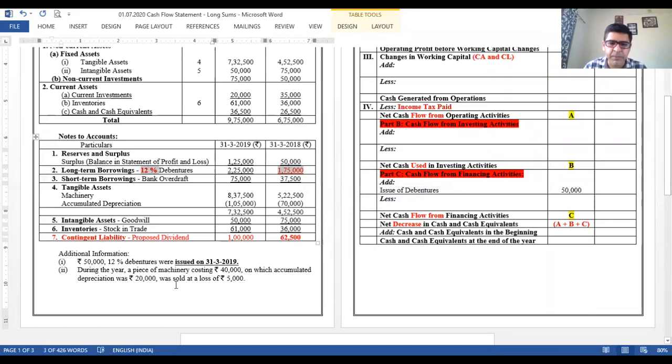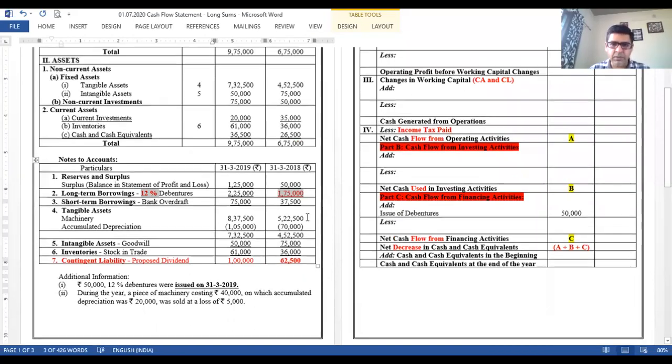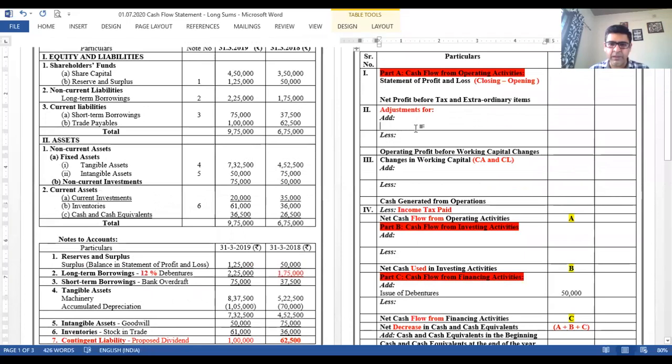Please calculate 12% of 175,000 and reply. How much will that be? Sir, 21,000. Now, interest on debentures, we know it's an expense for us. So being an expense, it has to be added over here. So I'll be writing over here, interest on debentures.